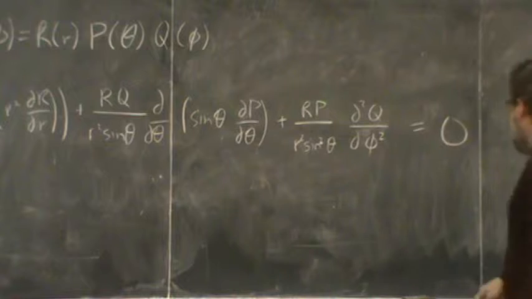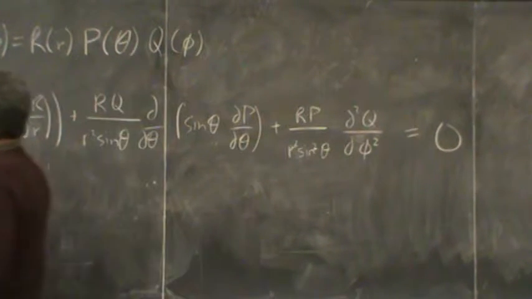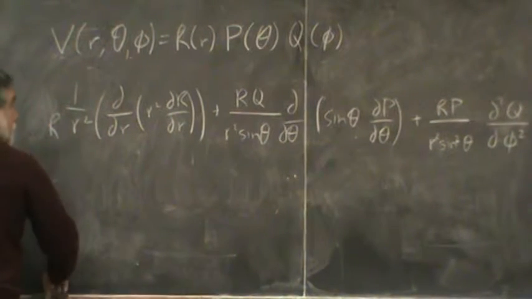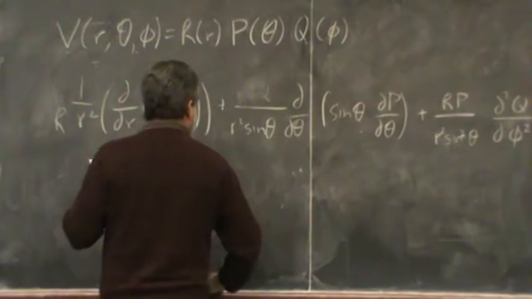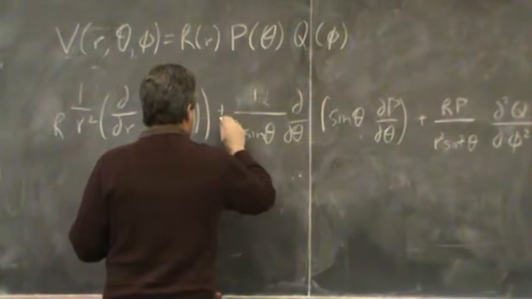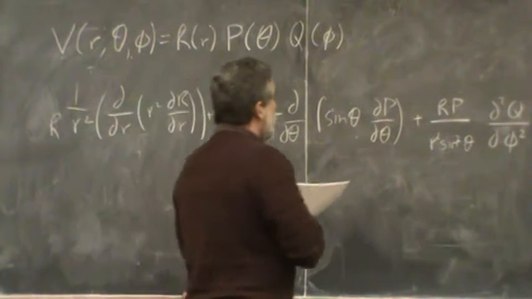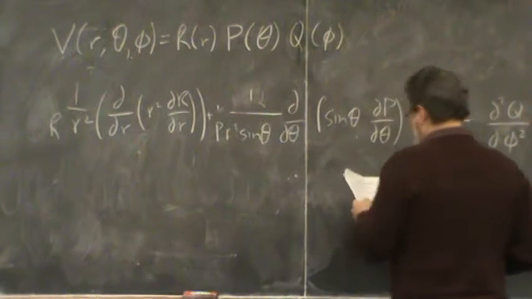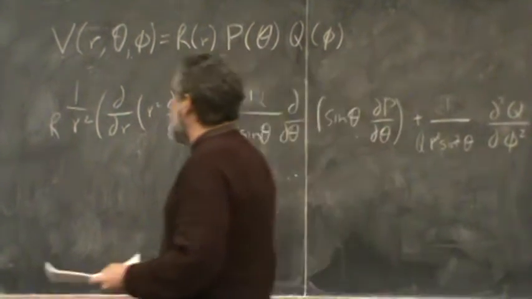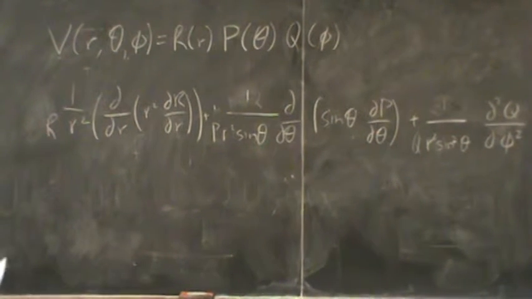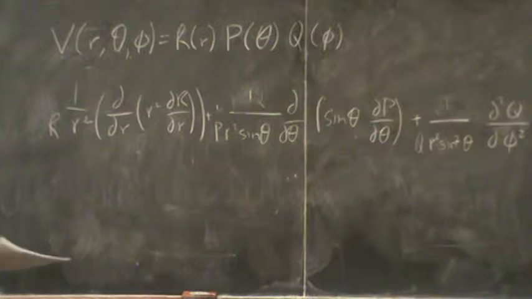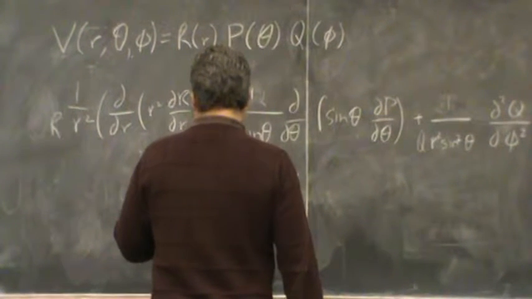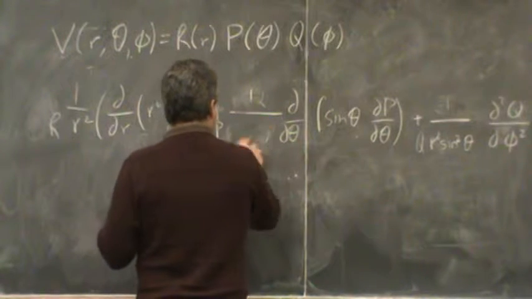Divide through by R P Q. Multiply through by r squared sine squared theta.